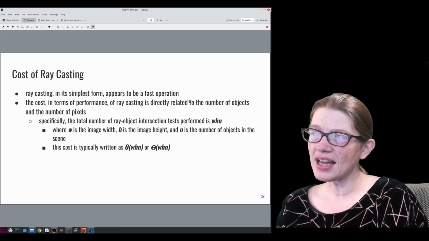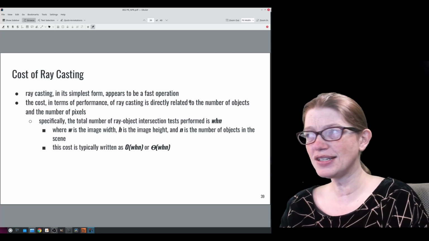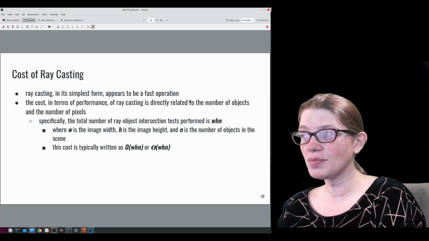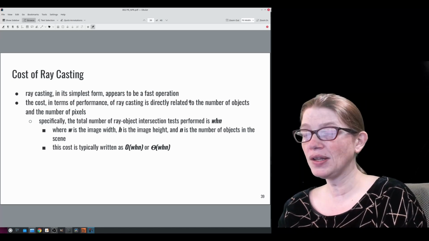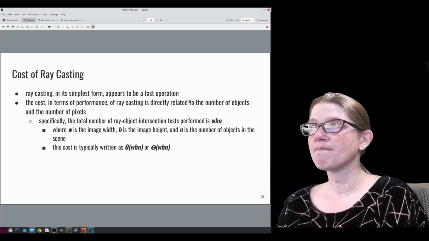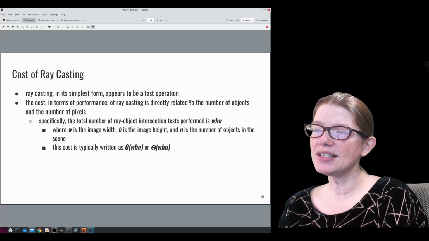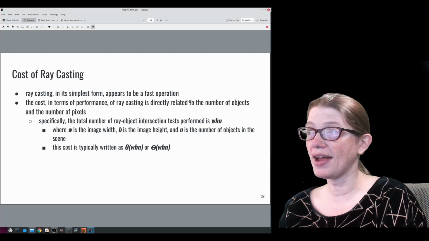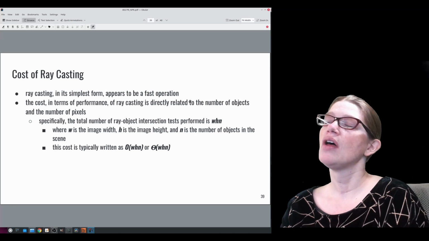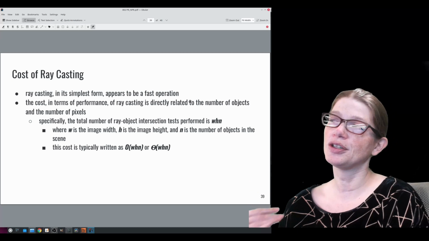And yet ray tracing doesn't really get used for video games, and it doesn't really get used for rendering animated films or VFX until fairly recently. The reason for that is because it's incredibly expensive. So I'd like to talk about the cost for raycasting, and we're going to continue this discussion of the cost of these algorithms when we talk about ray tracing, and this is going to be a recurrent theme.